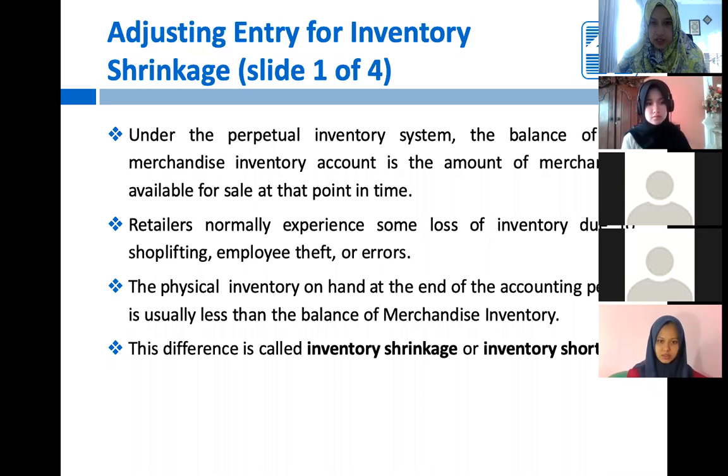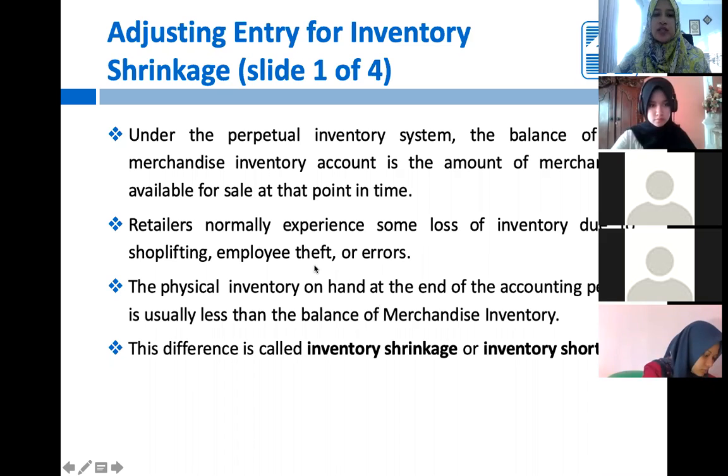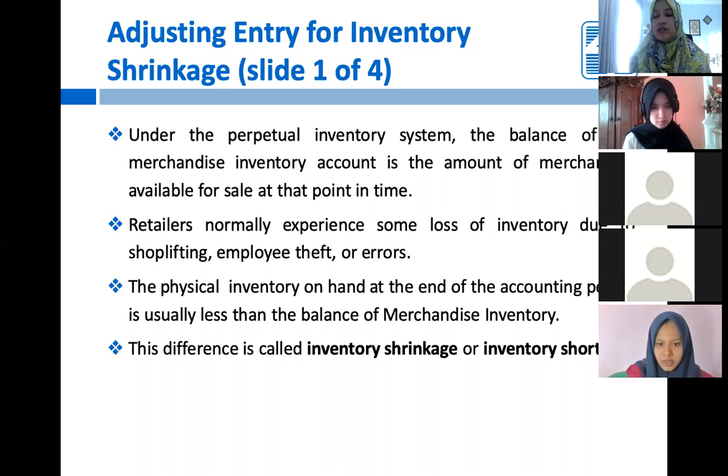Besides shoplifting, employee theft, or errors, it could also be that the merchandise has reduced in value. Perhaps some items were damaged or spoiled when stored. So that also results in inventory shrinkage, or inventory shortage.